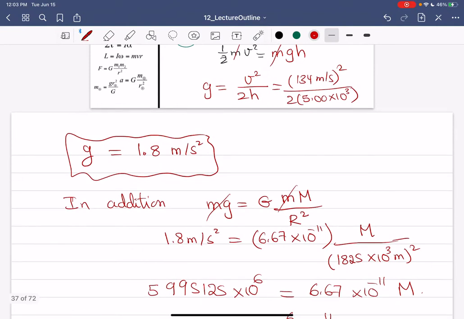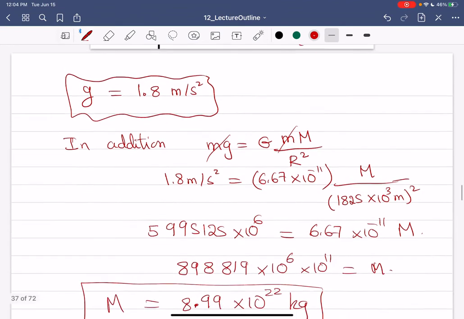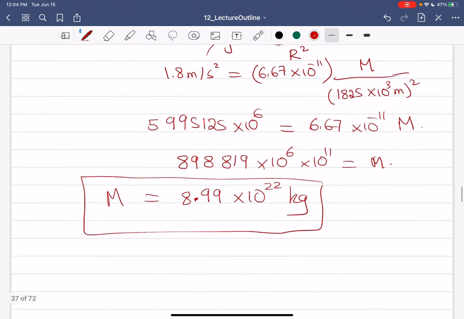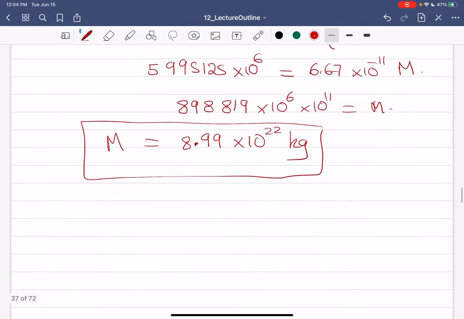In addition, we know that mg, the weight of the object, equals the force of gravity, which is GMm over r squared. I can cancel the mass of the object, and from that I calculate the mass of Io to be 8.99 times 10 to the 22 kilograms.